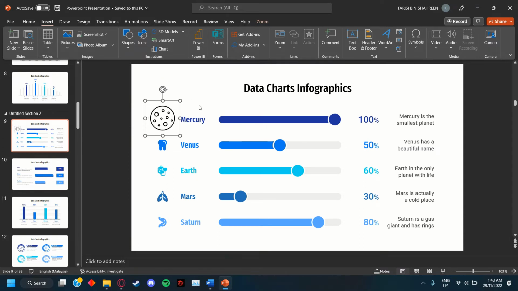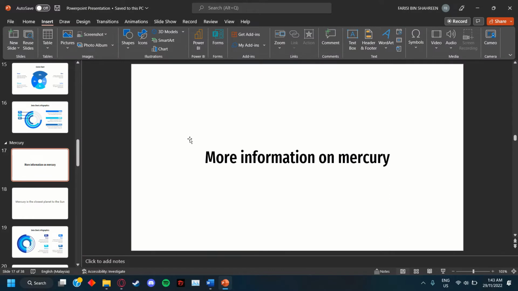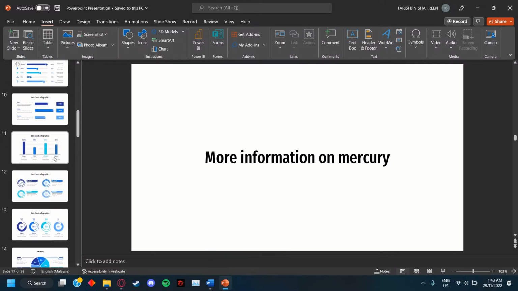And there you go. If you want to see how it looks, we go back to the slideshow and then click this. There you go. More information on Mercury. Mercury is the closest planet to the Sun. That's it. It looks cleaner that way.